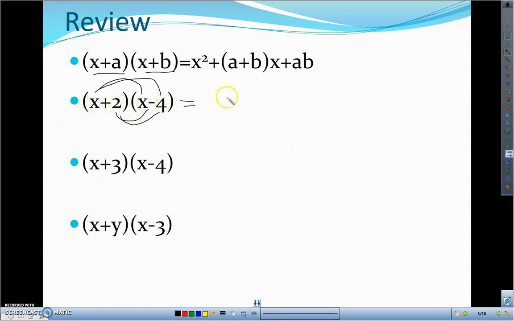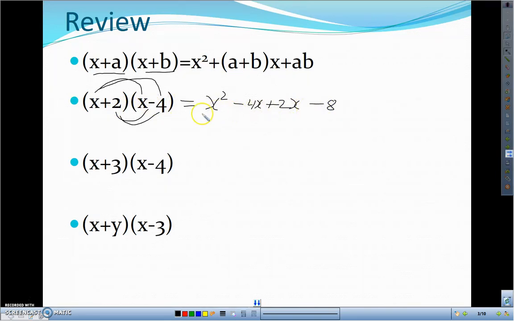So x times the x is x squared. You have to pick the method that always works best for you. The x times the minus 4 is minus 4x. And we've got the 2x, 2 times the x is plus 2x. And the 2 times minus 4 is minus 8.